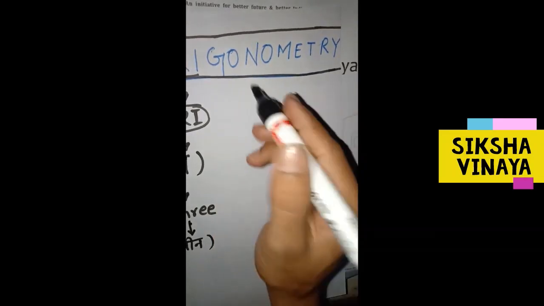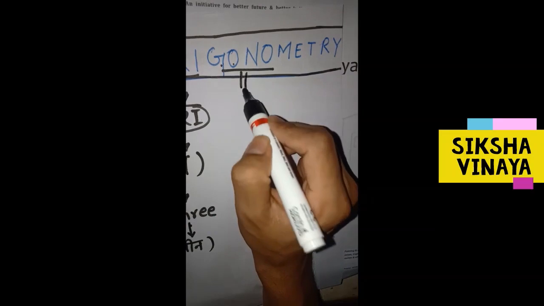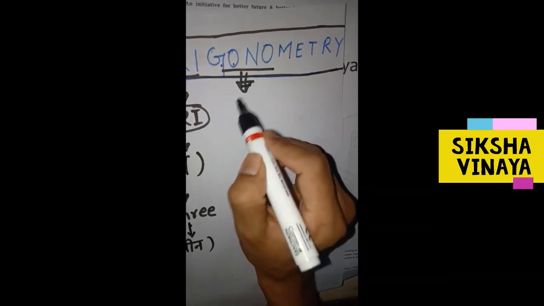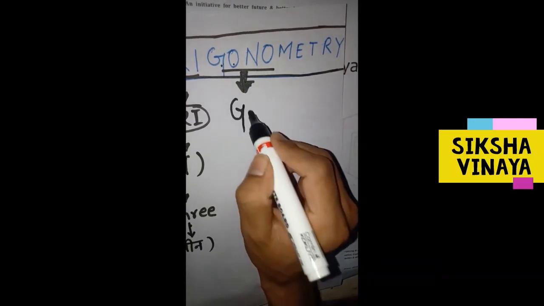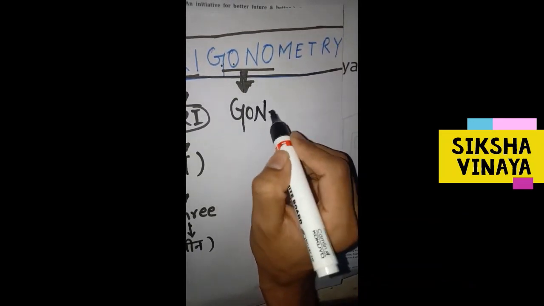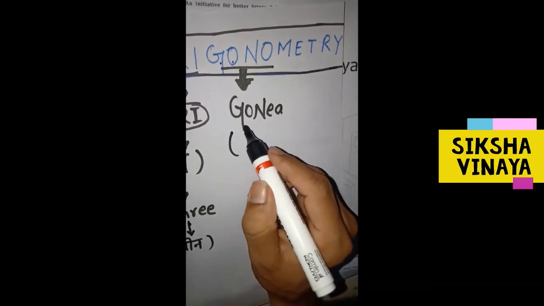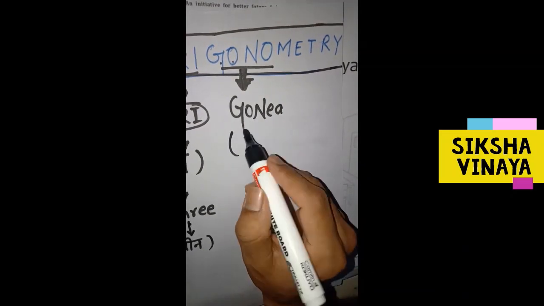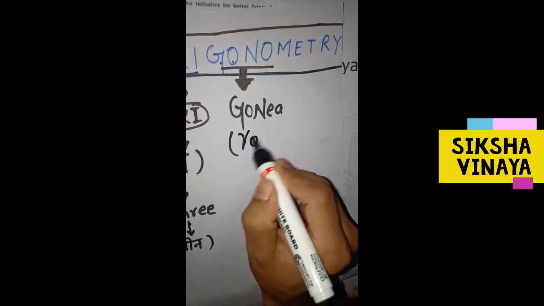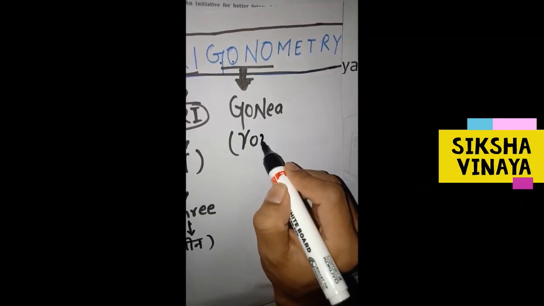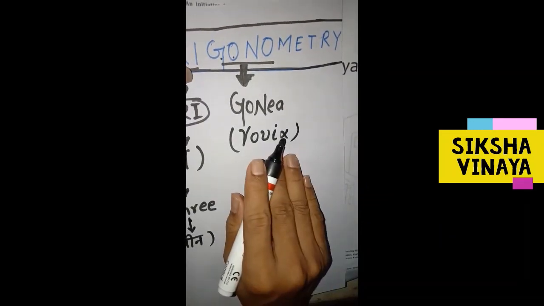And now gono, G-O-N-O. The word gono is derived from the Greek word which is known as gonia.